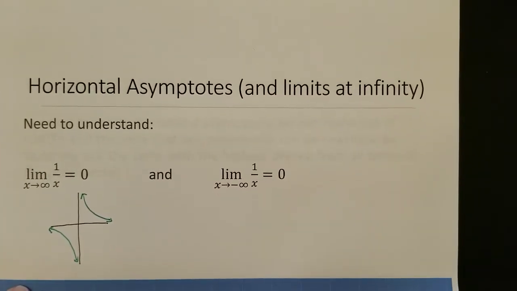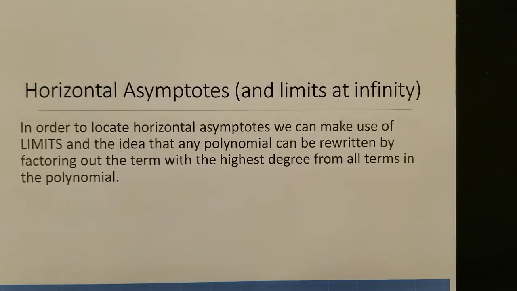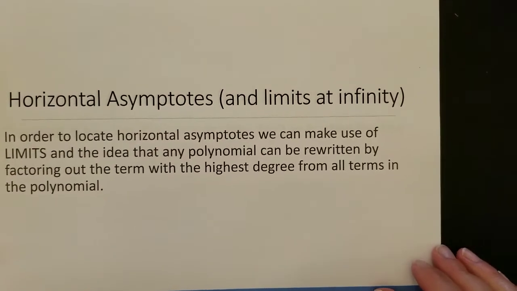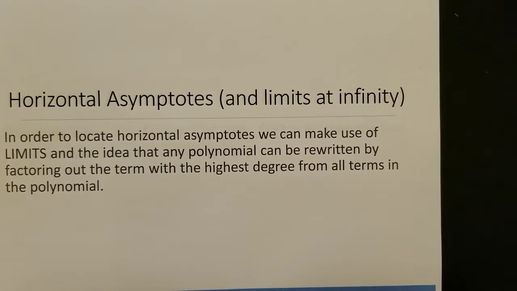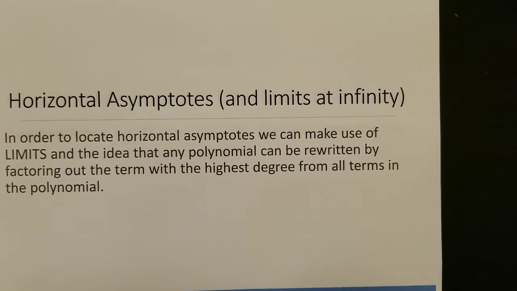And we're going to do horizontal asymptotes. The same rules from last year are going to apply, but we're going to look at these as a limit as x approaches infinity. This is a really nice review of your limits material for sure.